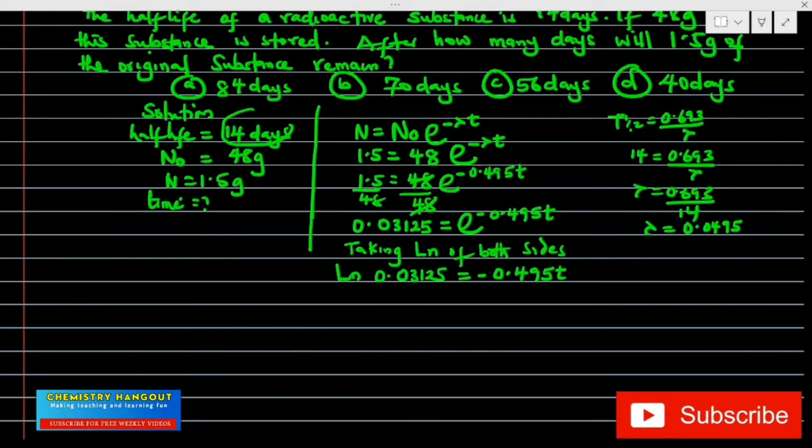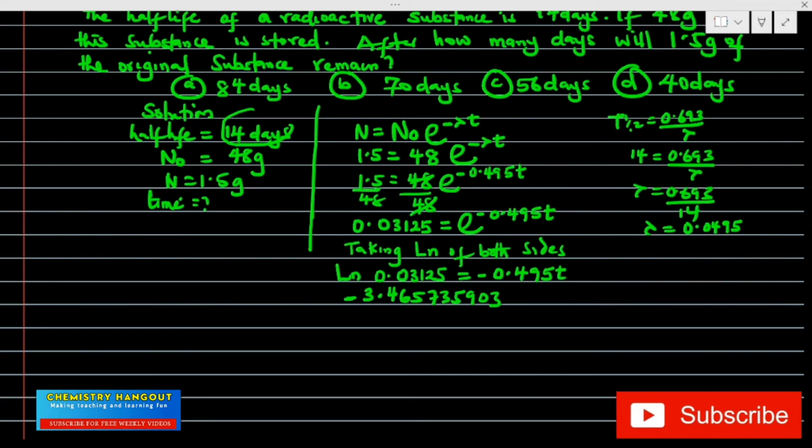From your calculator, just press ln of 0.03125, not log. You press ln. Your ln is your natural log. You see it on your calculator. Ln of 0.03125 is giving me minus 3.465735903.